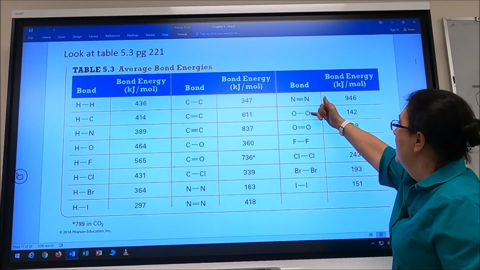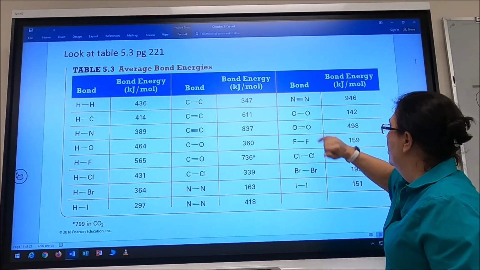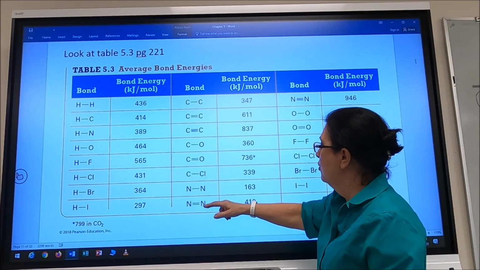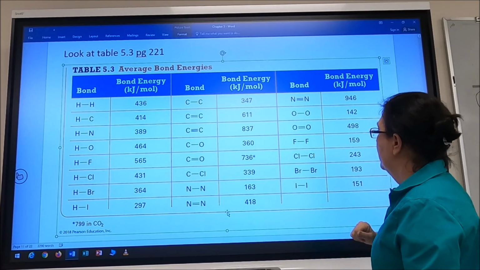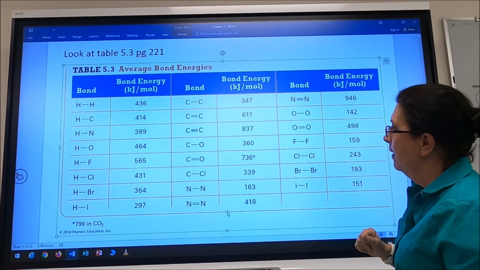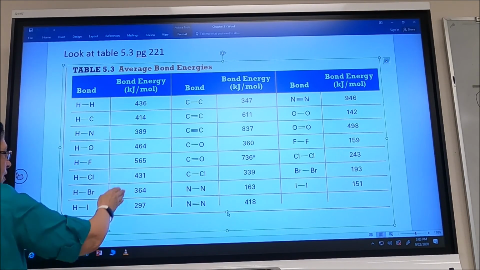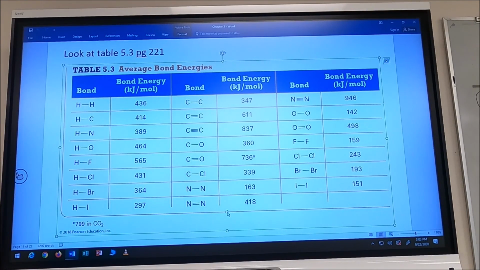Okay, here look at a single bond in oxygen and a double bond in oxygen. A single bond in nitrogen, double bond in nitrogen, triple bond in nitrogen.